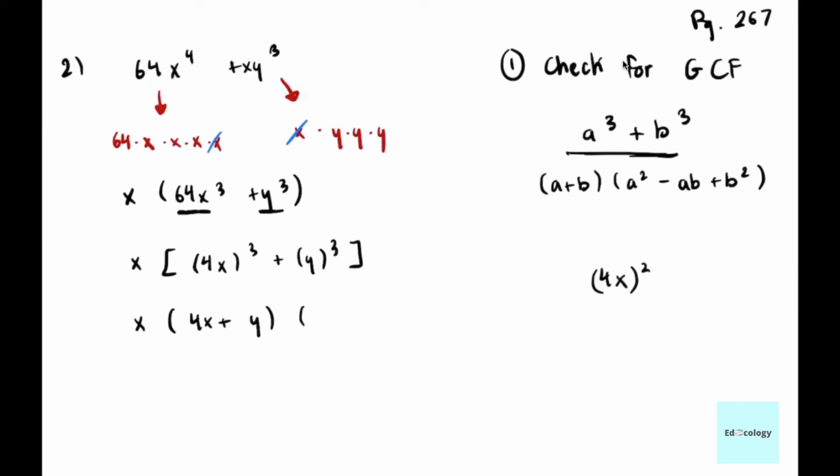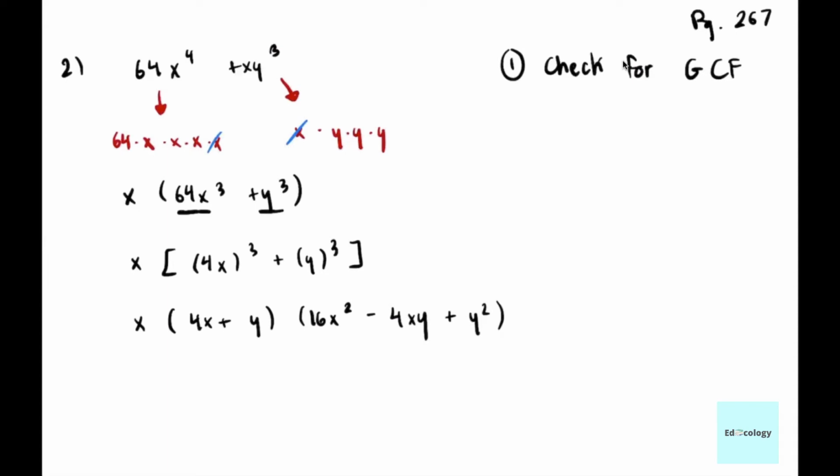Sometimes I also make that mistake. I just write 4x squared. No, that's wrong, because we are squaring the full term, not only x, which will be 16x squared. Okay, so make sure you don't make that mistake. 16x squared minus 4xy plus y squared.